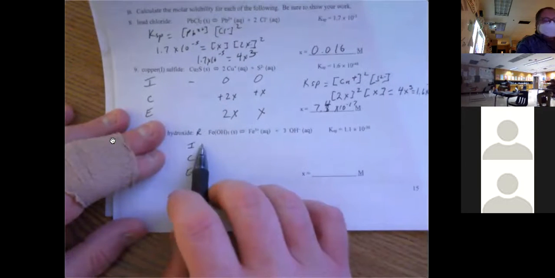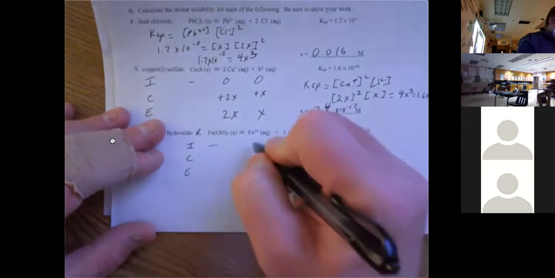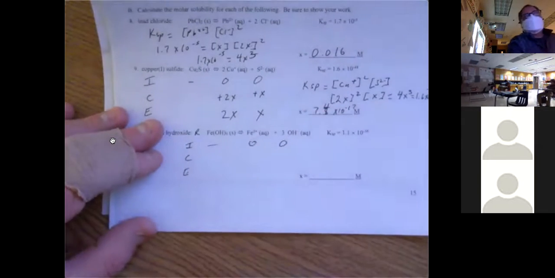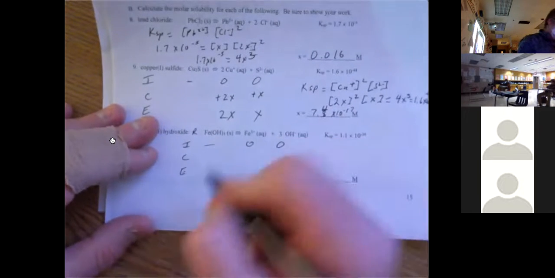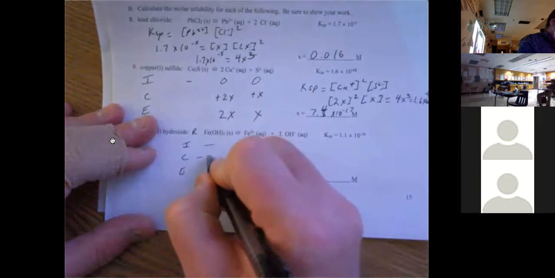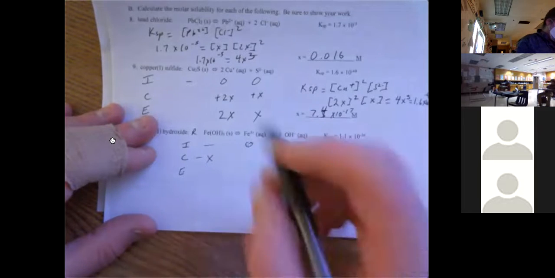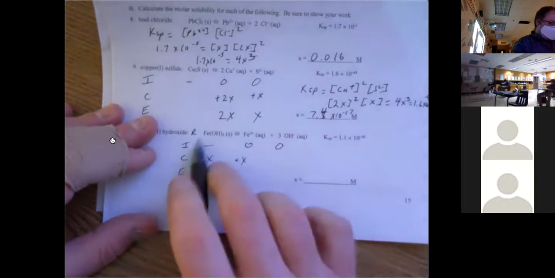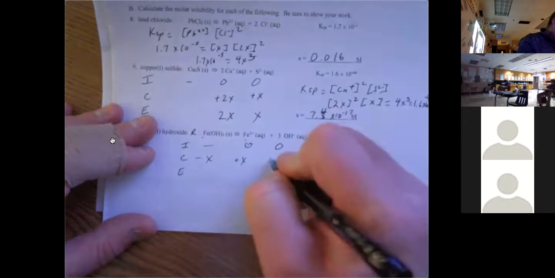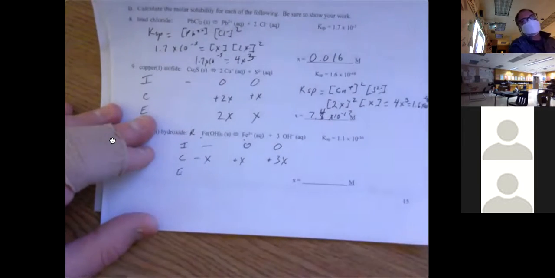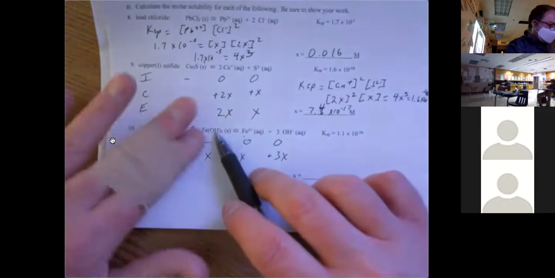So initially, we have a certain amount of this. We don't even care. We don't have any of these 2 things, so we put them as zeros. The changes, well, this would be minus X. This would be plus X because it's a 1-to-1 mole ratio. This would be plus 3X. So basically, we did not have anything in the beginning. These start breaking apart.